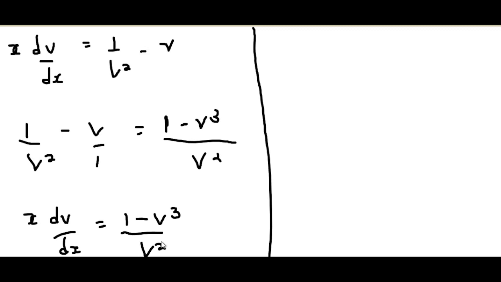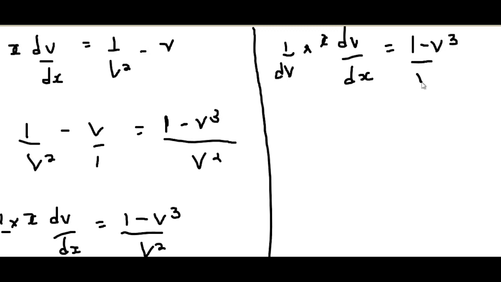So this is what we're left with, and we want to have x and dx on one side and dv on the other side, so we can multiply by 1 over dv. x dv over dx equals 1 minus v cubed over v squared.